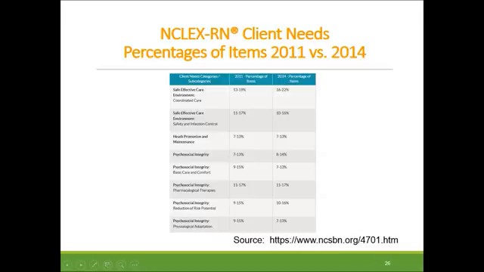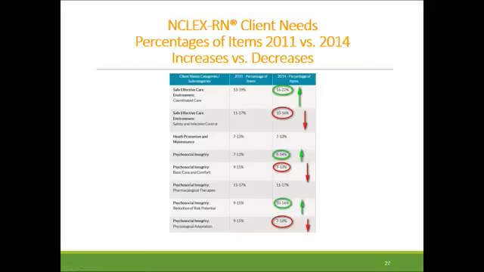So I would refer you back to the National Council's website for more information on the test plan. But in those intervening years, an example of safe, effective care environment, the coordinated care piece has increased, while the safety and infection control overall has slightly decreased in this range of potential items from that category.